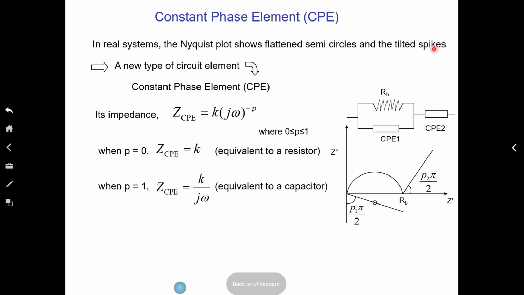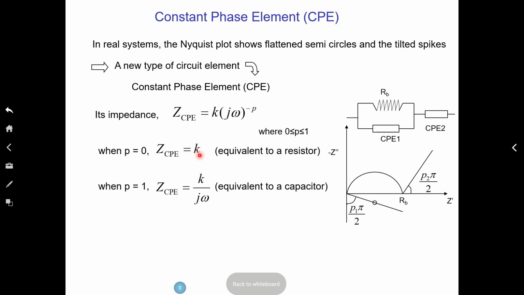The impedance coming from that element can be given by some constant times j omega to the negative exponent P. And P will be somewhere between 0 and 1. So if P is 0, the constant phase element contribution to impedance will be simply a constant.